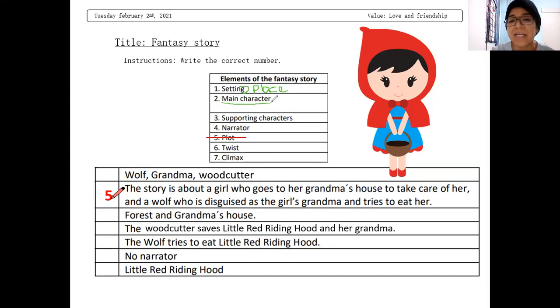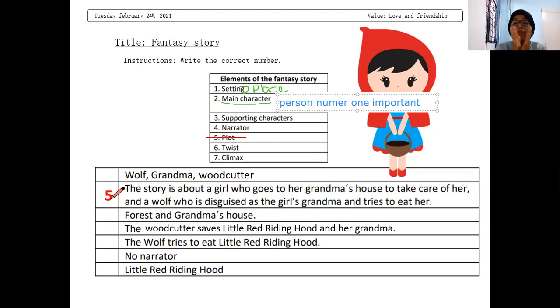Main character is the most important character. Mira, aquí te lo voy a escribir de nuevo. Es el main character, it's the person number one in the story.